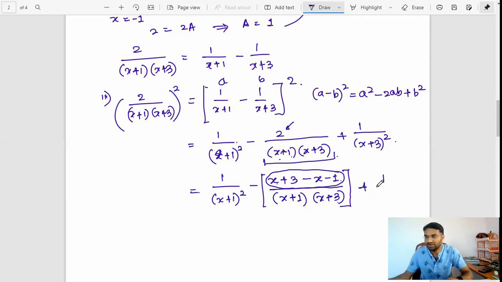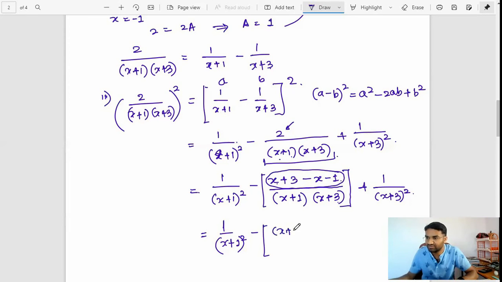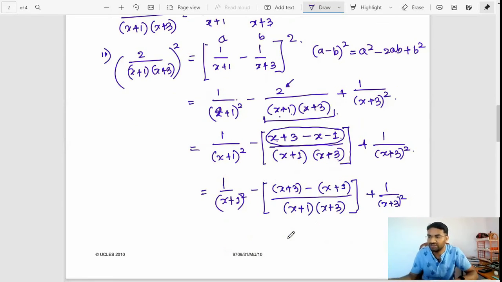So here 1 upon (x plus 3) squared. Then 1 upon (x plus 1) squared minus, put the bracket in the next step, (x plus 3) minus (x plus 1), divided by the whole (x plus 1) times (x plus 3), plus 1 upon (x plus 3) squared. In the next step, what you need to do is divide this numerator separately by the denominator: x plus 3 divided by (x plus 1)(x plus 3), and x plus 1 divided by (x plus 1)(x plus 3).